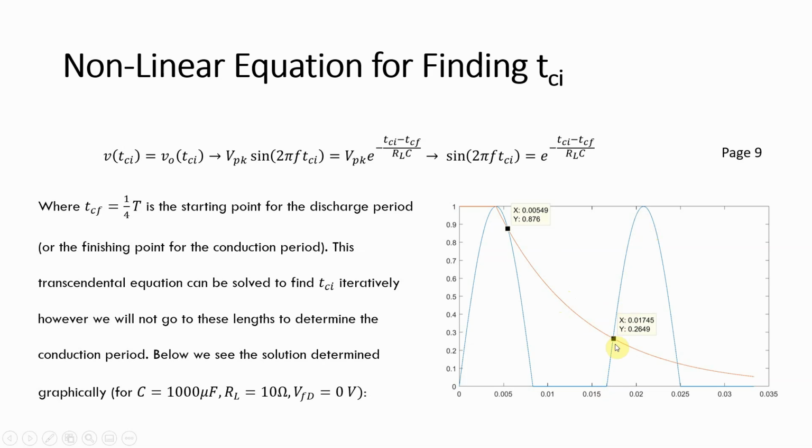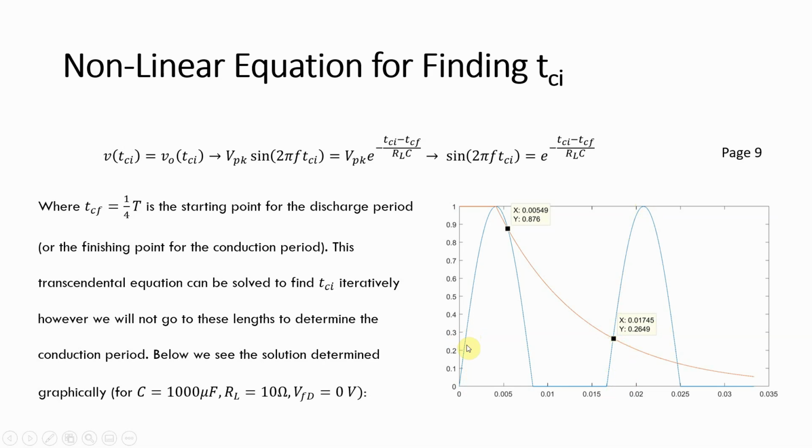Whenever we want to find the intersection of two waveforms or two plots, we just have to make their equations equal. Something that we have to notice is that for this exponential and this sine, the intersection would give us the initial conduction angle, which happens every period.